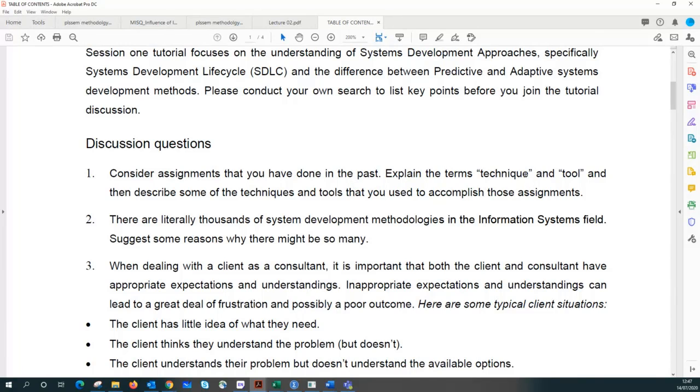So every system development activity or project has its own ways of doing the work, right? They have specific instructions and specific guidelines, depending on the nature of the project. That means we need specific tools to apply to that particular context.